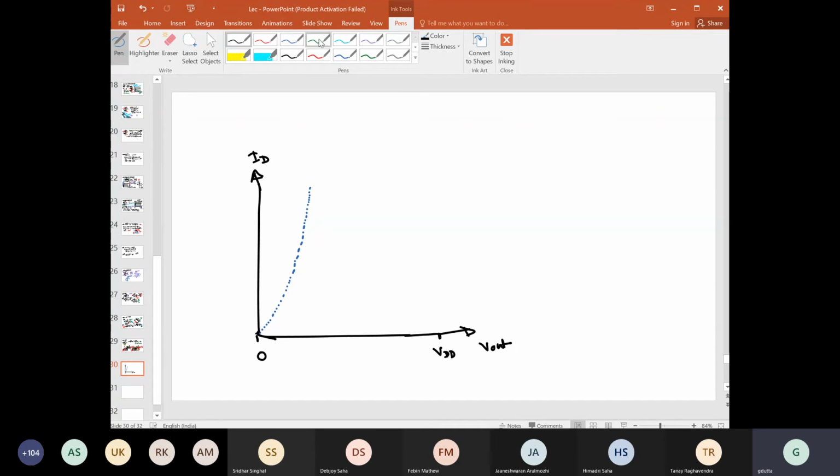Okay. And similarly, if we have just plotted it here, maybe I will also try to get a line here. Maybe a dotted line should be fine. Okay, I'm just making one line here.